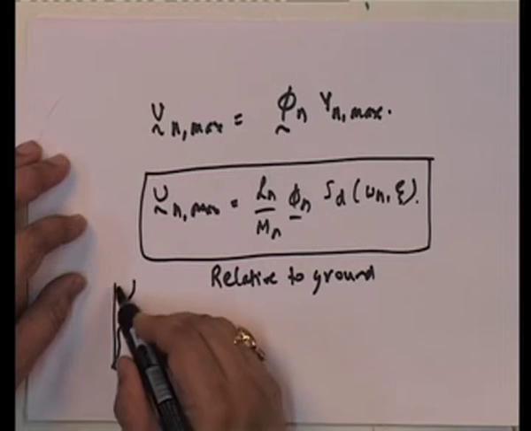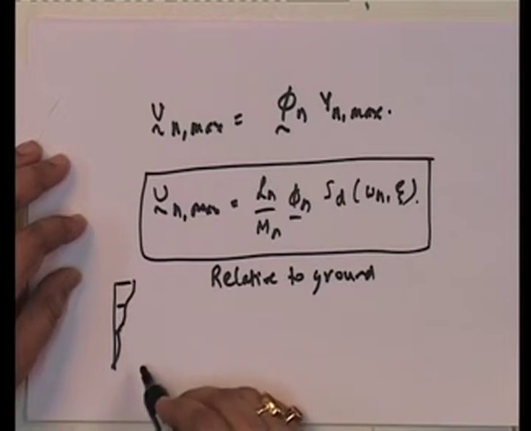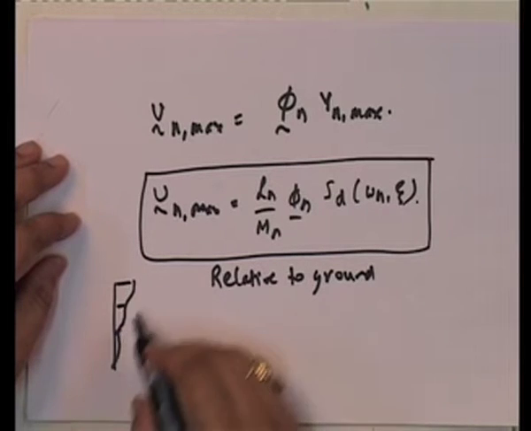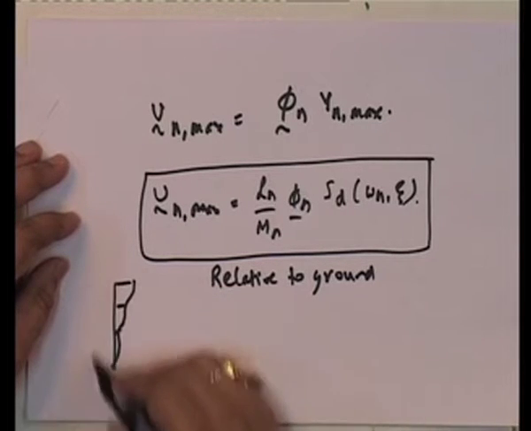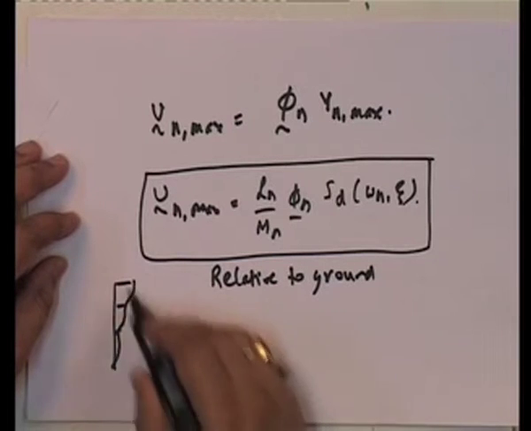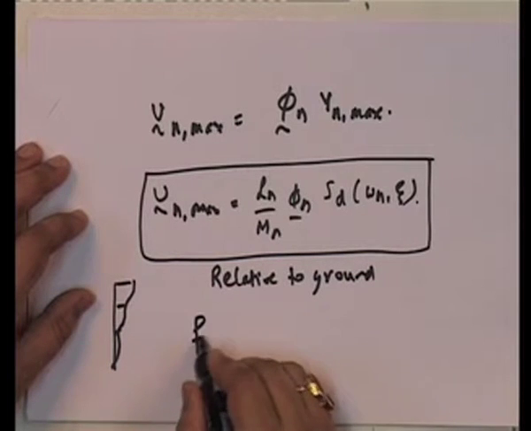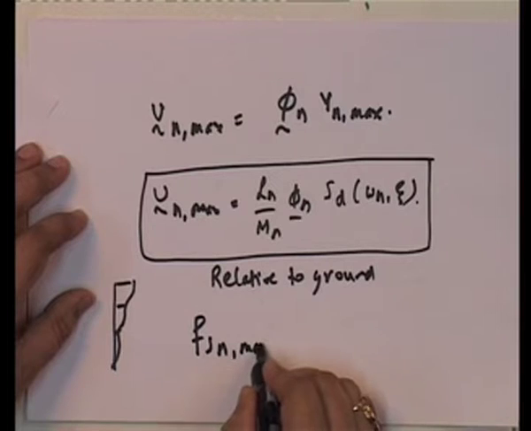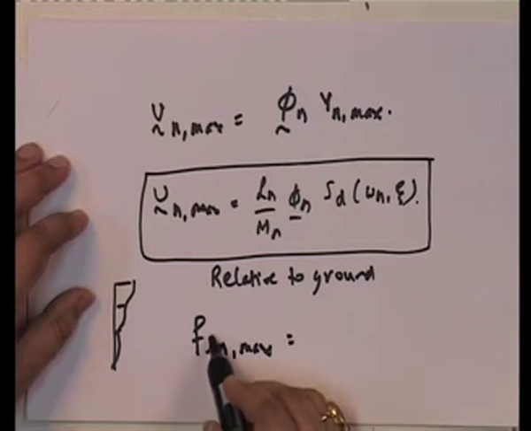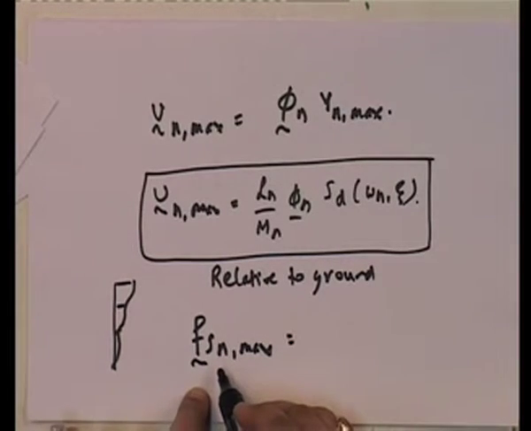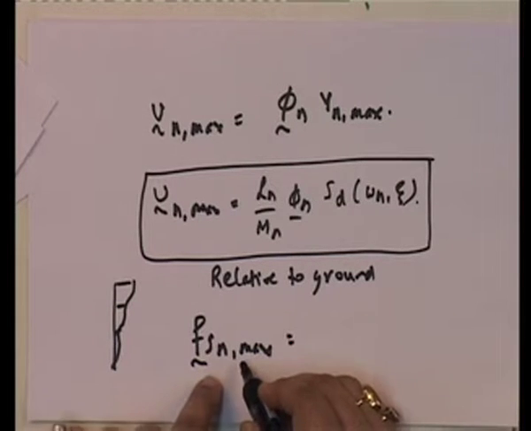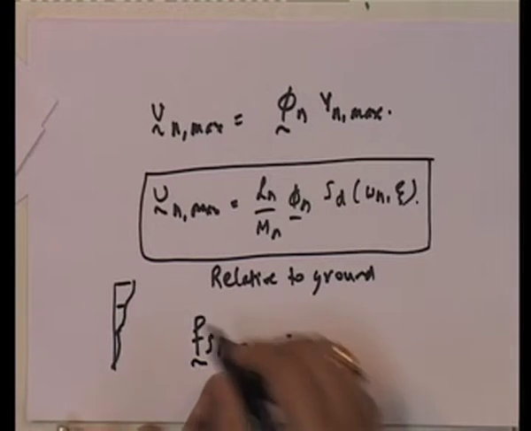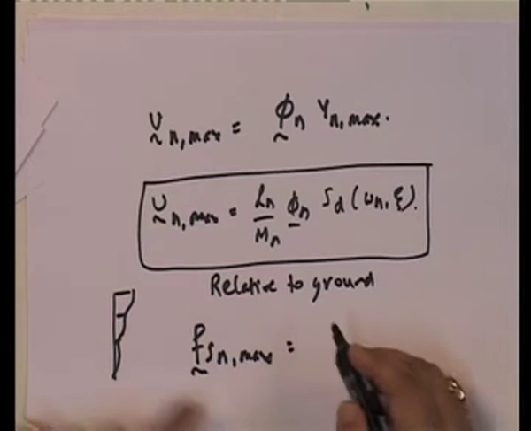And if this is the displacement pattern, we also ask what force gives this displacement pattern. So, if we look at that force Fs n max, this is the spring force, or rather the force that is going to give rise to this peak displacement.